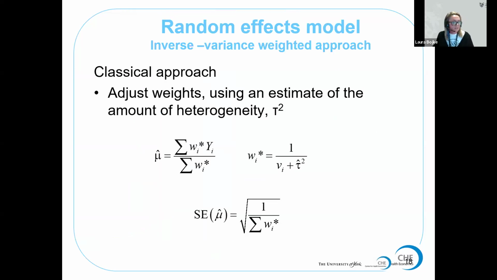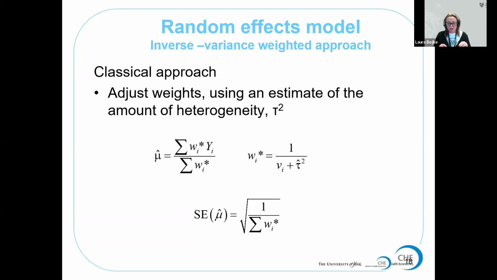Okay, so how do we then calculate weights in a random effects model? So the key thing here is we need to take account of two sources of error and two levels of sampling. Okay, so first, the true effect sizes are distributed about a particular mean with a variance.